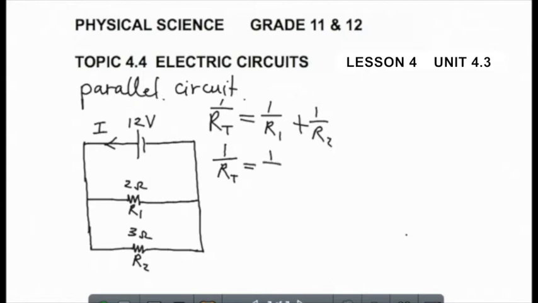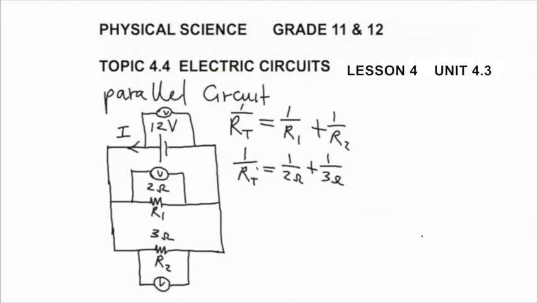And then here 1 over R1 will represent 2 ohms plus 1 over R2, which is going to represent 3 ohms. And from there, we are interested in finding the total resistance, which is classified as the effective resistance.